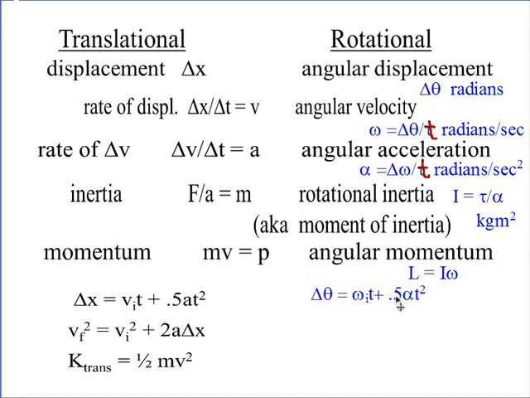Oh, I feel so cool! I can write that, and it has meaning for me. And it works. It is correct. This one here would become omega final squared is equal to omega initial squared plus 2 alpha delta theta. And K-rot, rotational kinetic energy.